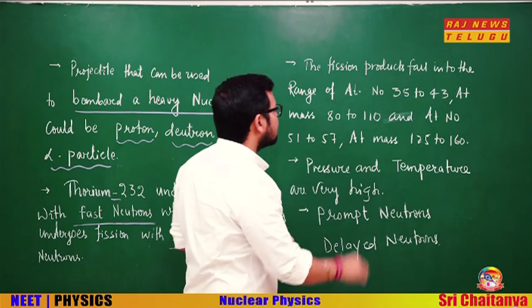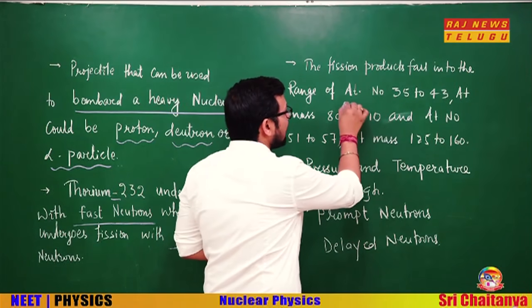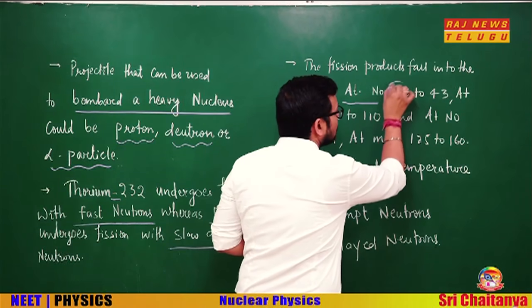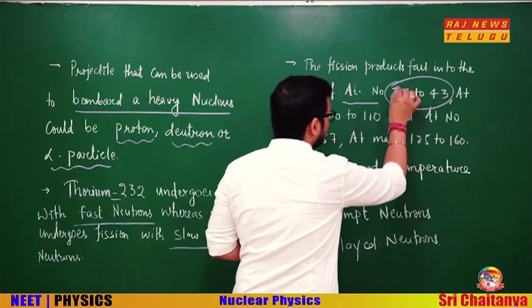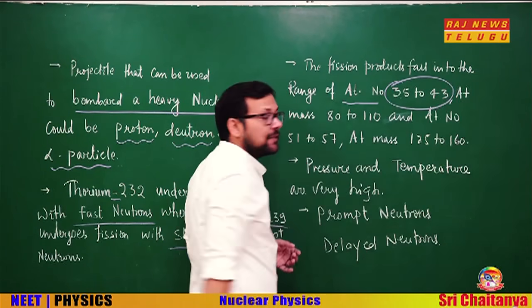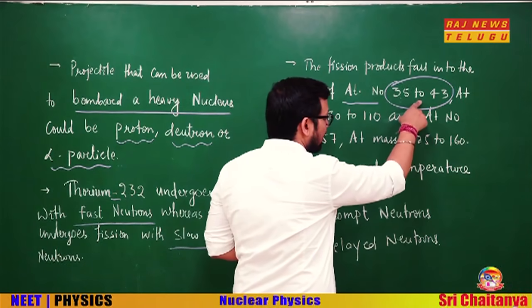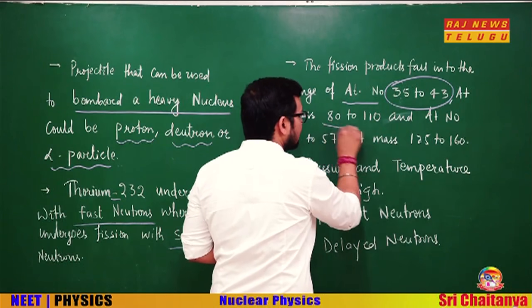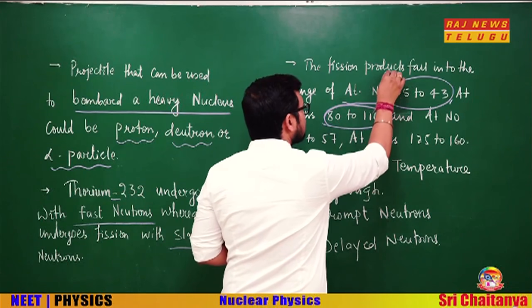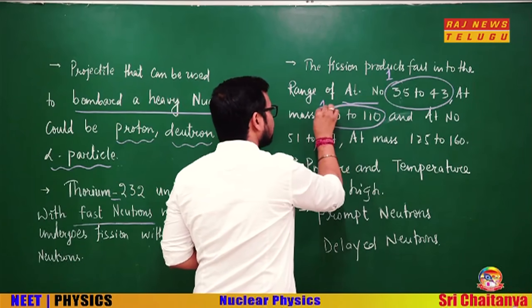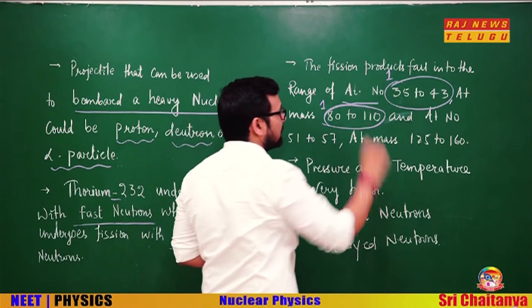So there are two ranges. First, atomic number from 35 to 43; these can all be formed in that fission as products. Do note down the atomic number range and the atomic mass range. This is the first range of atomic mass and atomic number.